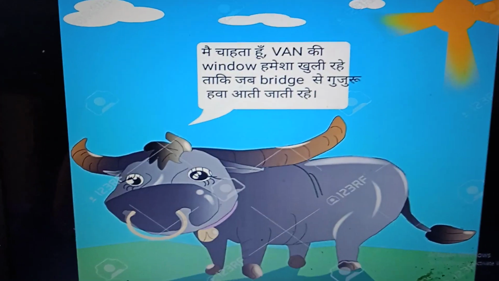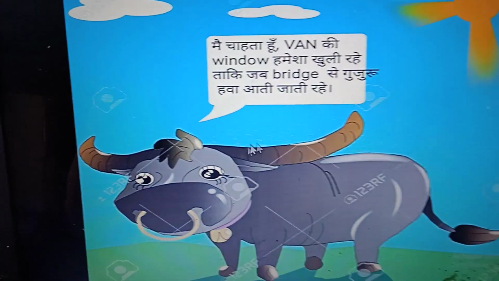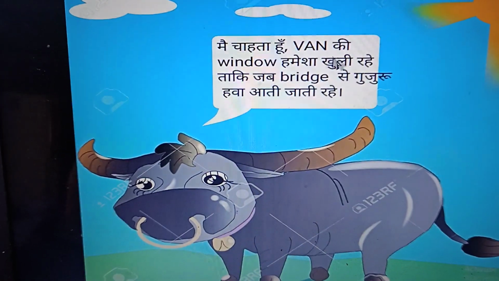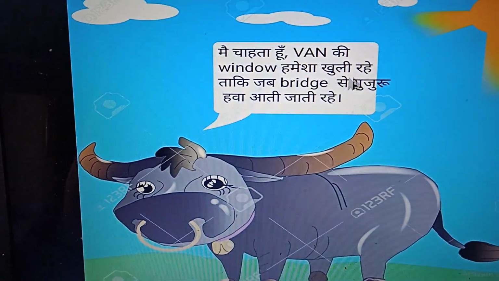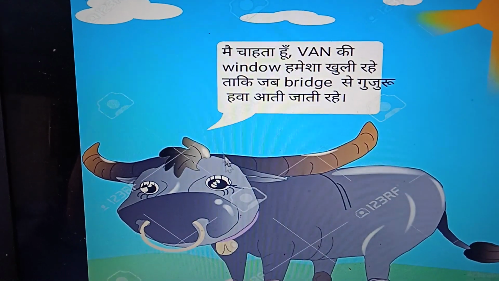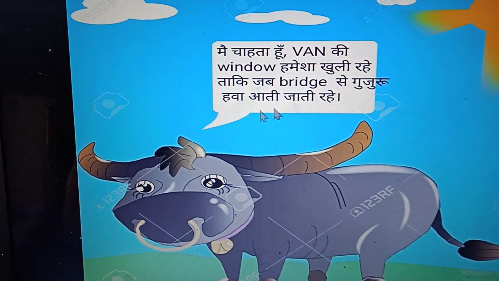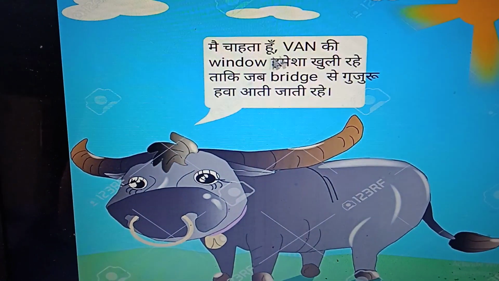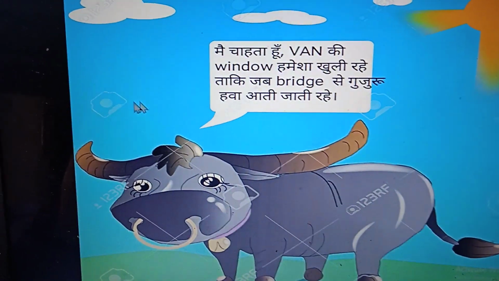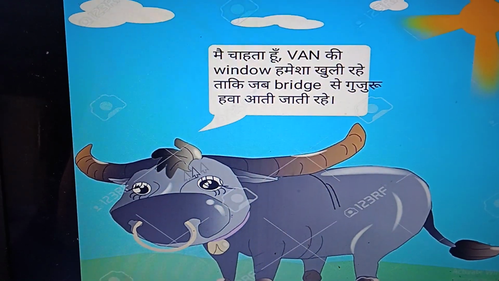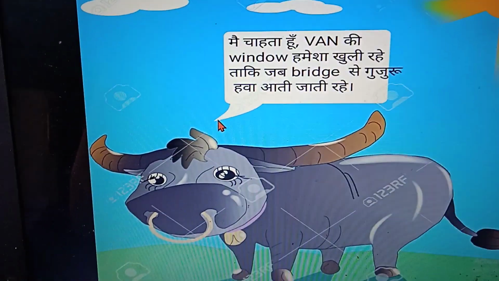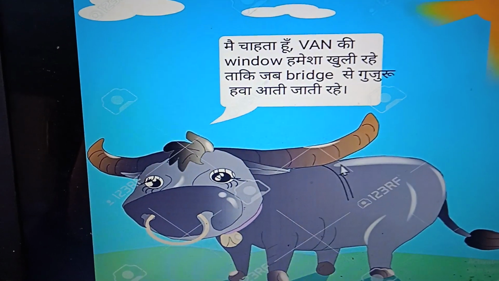And about this layer only, the buffalo says that मैं चाहता हूँ कि वैन की विंडो हमेशा खुली रहे ताकि जब ब्रिज से गुजरूं हवा आती जाती रहे. This buffalo also wishes that van window should remain open so that air should flow very calmly and quietly while the van passes across the bridge.